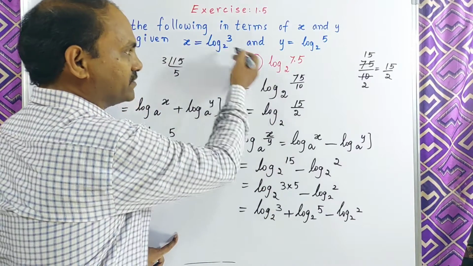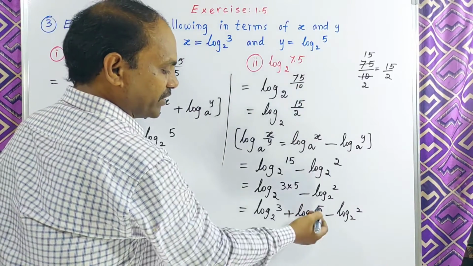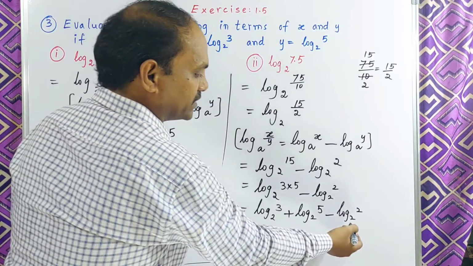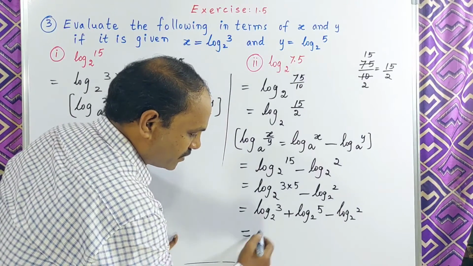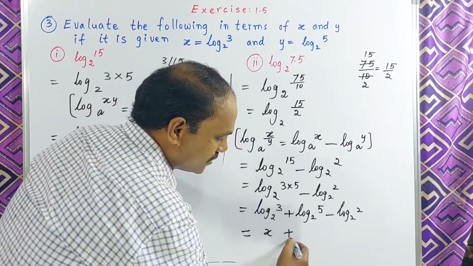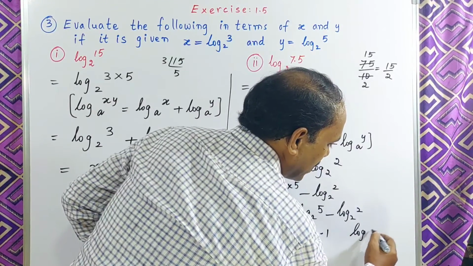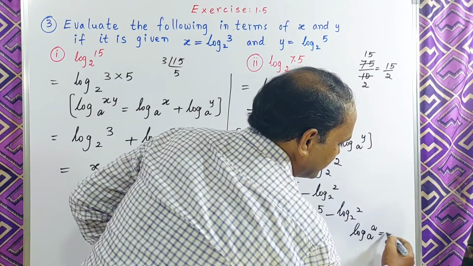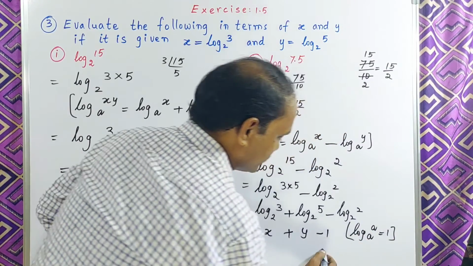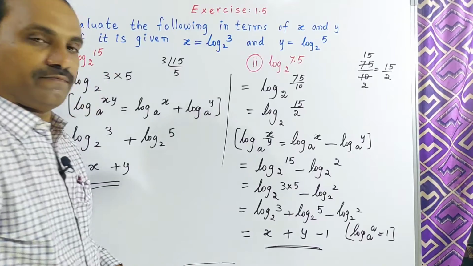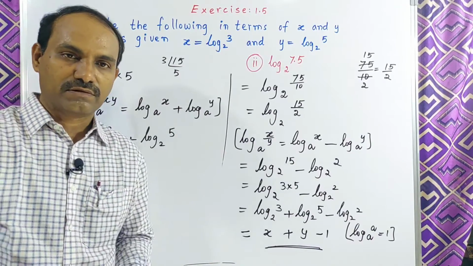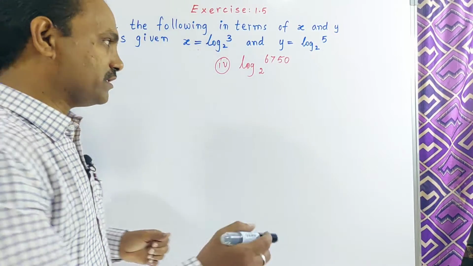Now this value is x, log 5 to the base 2 value is y, and this one is 1. So here x plus y minus 1, because log a to the base a value is 1. Is it understood? Okay, check the third one and fourth one.